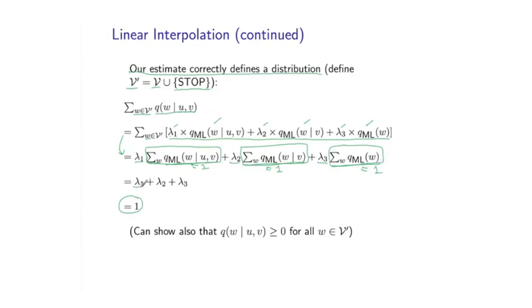And so we end up with simply lambda 1, lambda 2, lambda 3, the sum of these three terms. And by definition, remember this was a constraint on the lambdas, these three terms sum to 1. It can also be shown, this is the other property we need for this to correctly define a distribution, that for any UV bigram, for any w in the set V primed, this value is greater than or equal to 0, and that's trivial to show in this case.